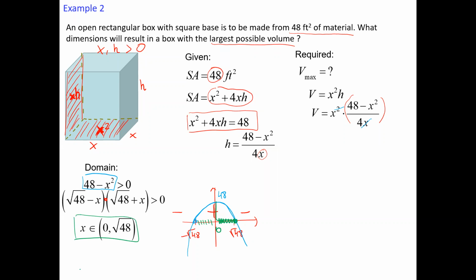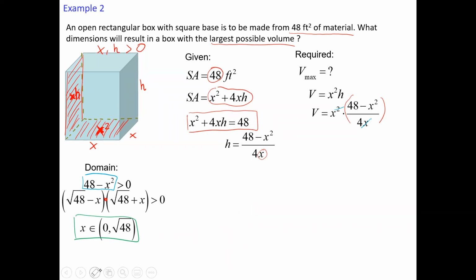That's the answer. The endpoints are excluded, because x cannot be 0, that would be weird, a 0 length, and x cannot be the square root of 48, because then the numerator will be 0 and h will be 0. Okay, I can erase this.